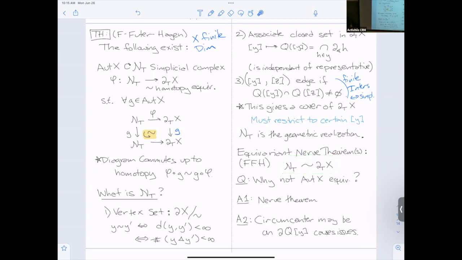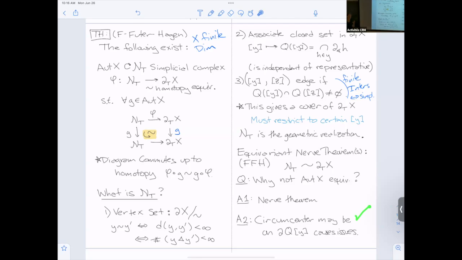So one question is, why is it not X-equivariant? The reason is that the nerve theorem just doesn't give you equivariance on the nose. But then there's another issue that arises, that I now regret not pulling up the picture for, which is that the circumcenter can be on the boundary of this closed set.